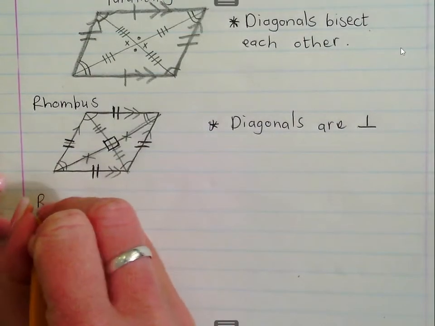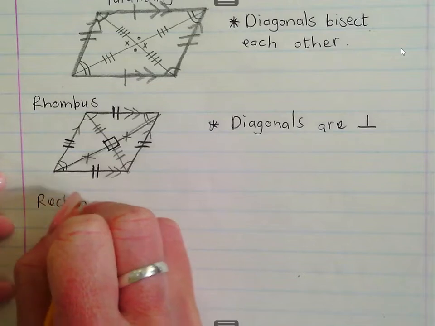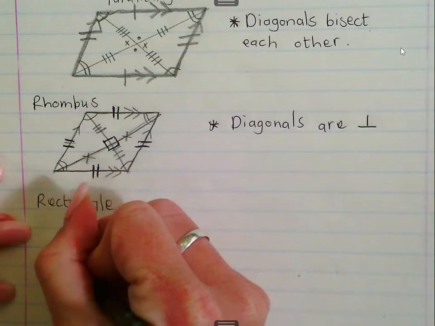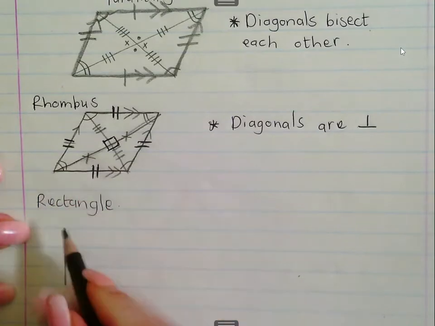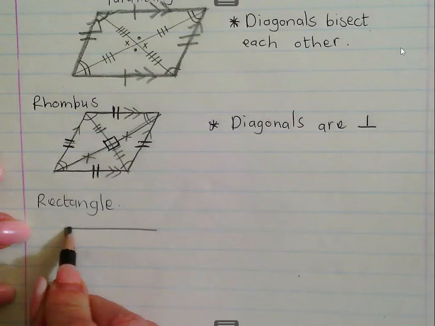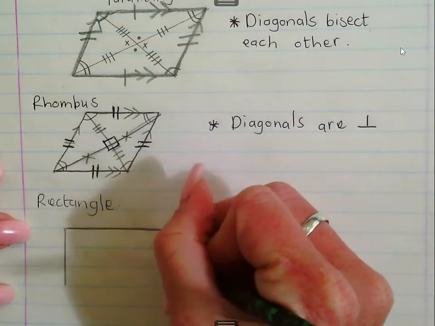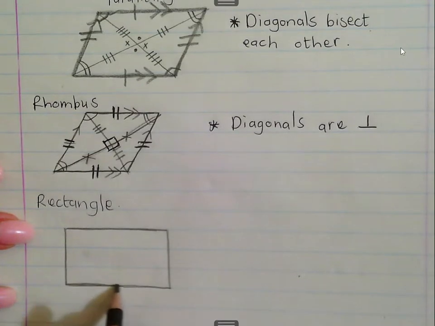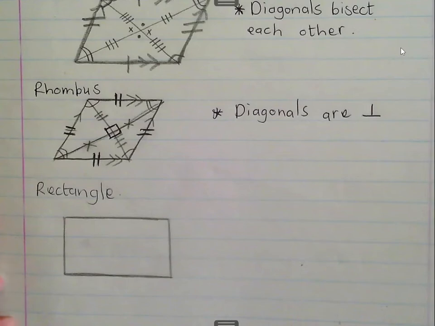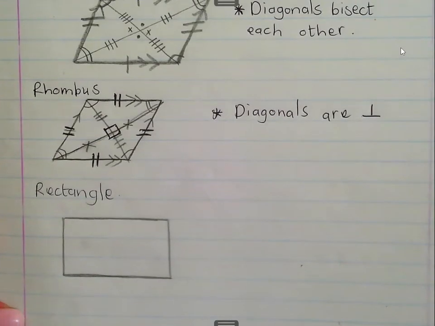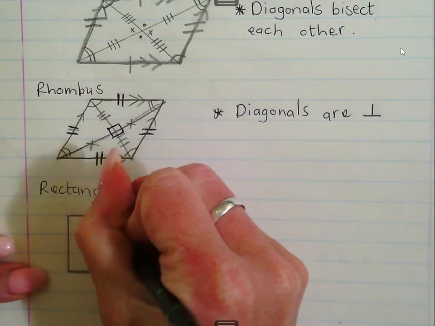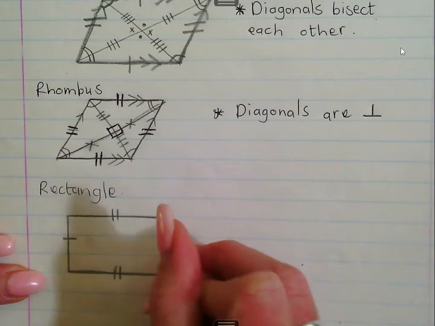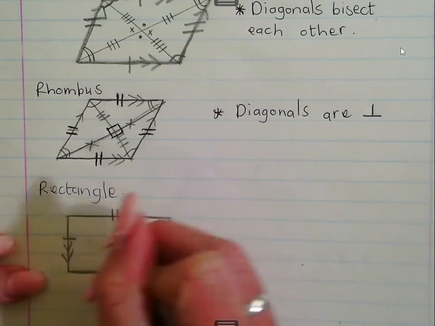Okay, next up is the rectangle. Okay, a rectangle, right, like the parallelogram, has got two pairs of opposite sides equal and two pairs of opposite sides parallel.